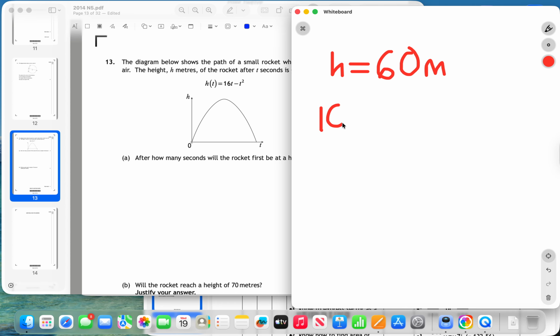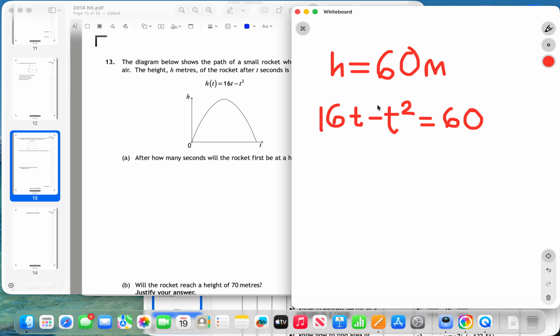So we have to solve the equation of 16t minus t squared equals 60. So this is the equation that we want to solve.